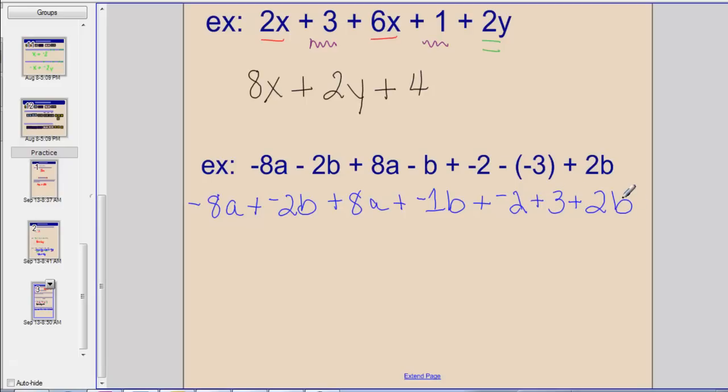If it helps you, you can always rewrite these problems so that you have your a's together, your b's together, and then your constants together. You don't have to, you can just underline them. It just depends on your learning style.